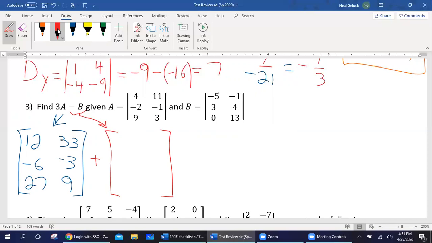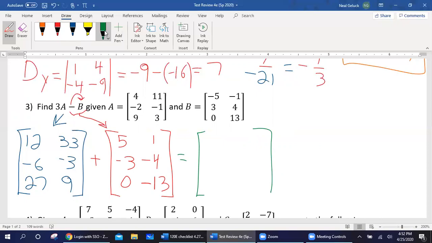So basically, I'm taking a negative and distributing that negative through matrix B. I'm going to change all the signs. And now since I've accounted for the negative, now I'm actually just adding the matrices. And I just add corresponding elements. And you get this result.